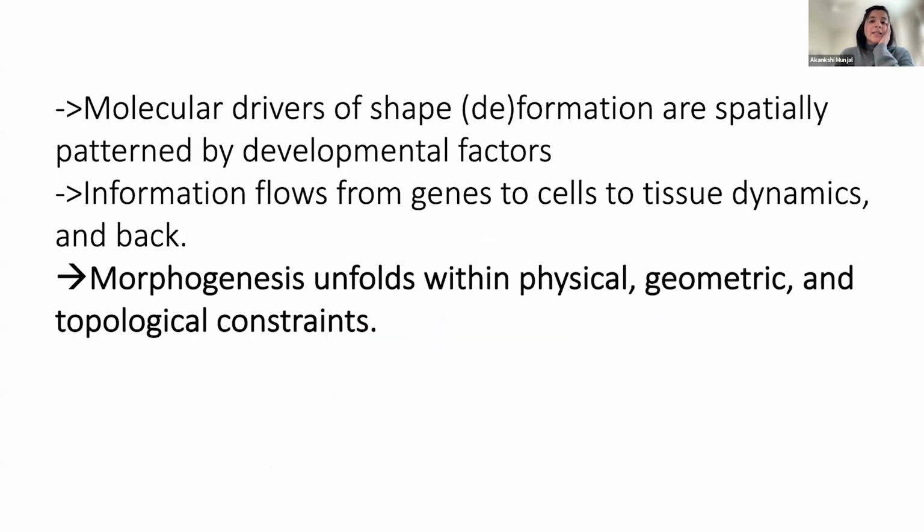Another principle that I want to highlight is connected to the feedback, but I want to distinguish between the two: morphogenesis is unfolding within constraints, and these constraints can be physical, geometric, or topological. We can think of feedback as essentially how a system is evolving.